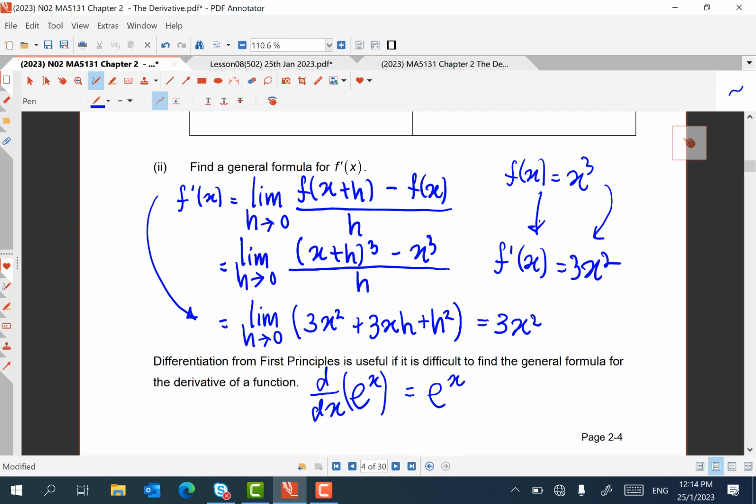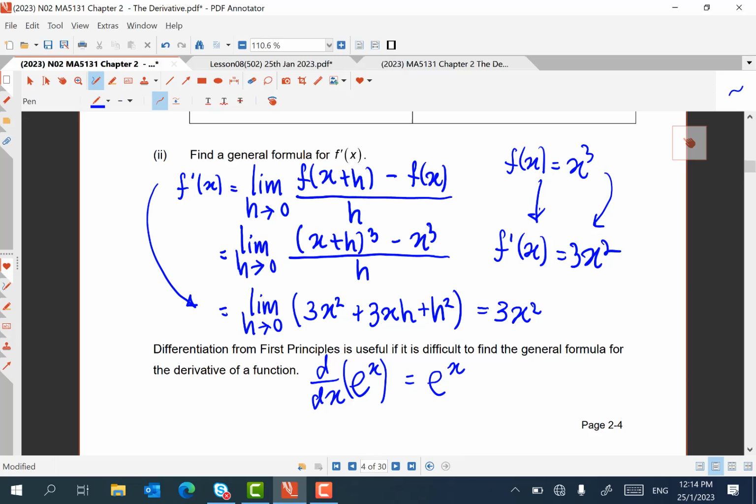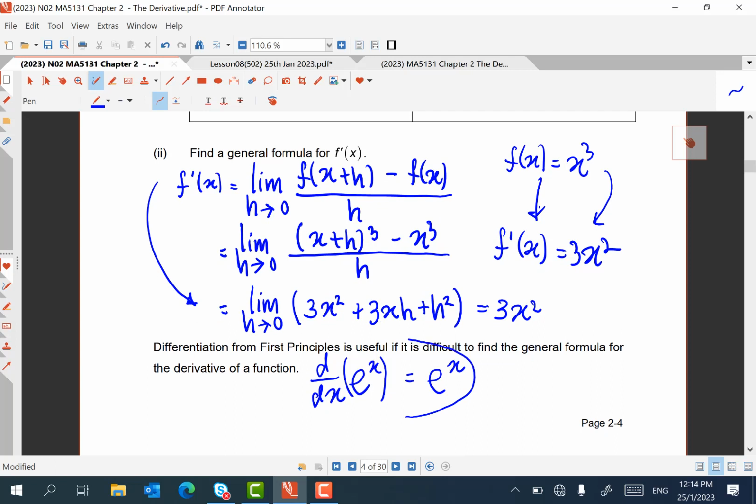You agree or not? Whatever you say, I agree. Thank you for that agreement. So you want to try this question, you're feeling too sleepy, you can try this now. This is quite nice, really. For those who don't feel challenged with all those x cubed and x squared from first principles, you want to try this one. It's quite interesting.